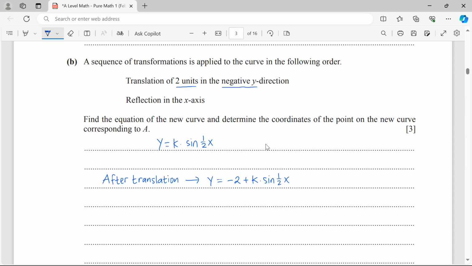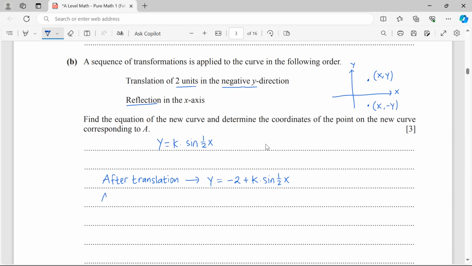The next transformation is reflection in the x-axis. So if you have the following, this is x, this is y, and you have a point here, x comma y. After you reflect it in the x-axis, the image of the point will be here with the coordinates of x, but the y coordinate changes to negative y.